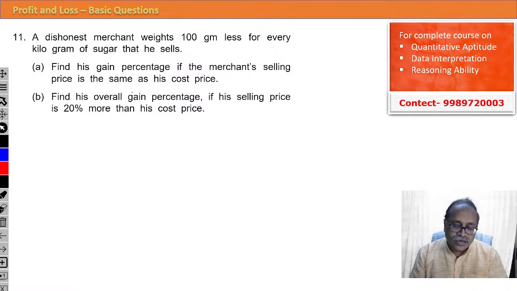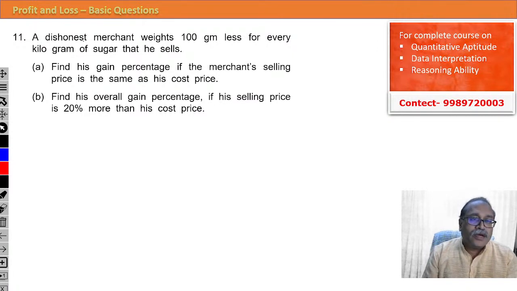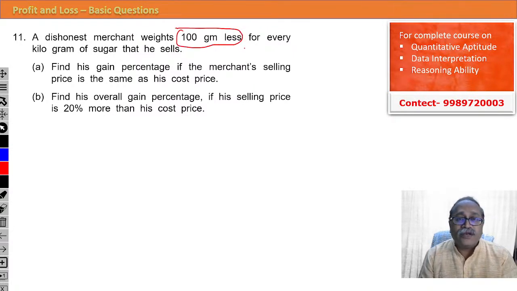देयर आर 2 क्वेश्चंस निलंबत हियर, अनुषा हियर एंड बिंदु हियर. A dishonest merchant weighed 100 grams less. He weighed 100 grams less for every kilogram of sugar that he sells.